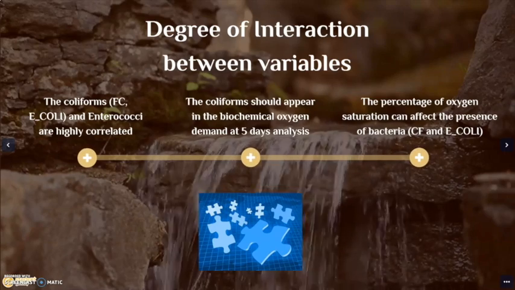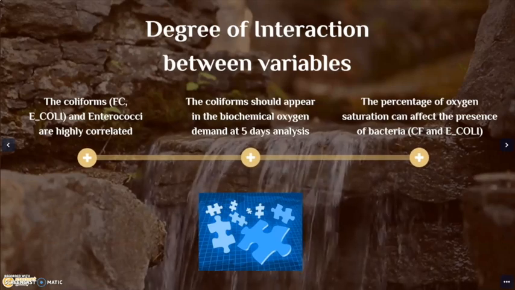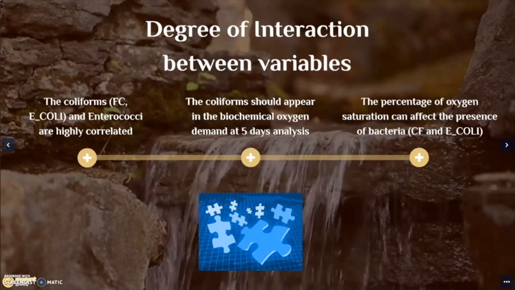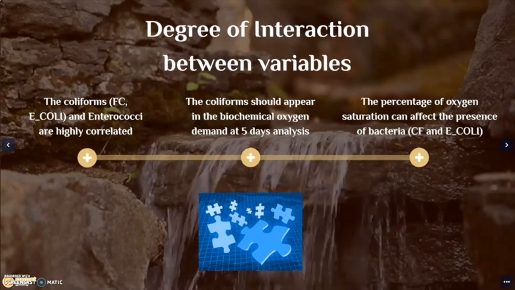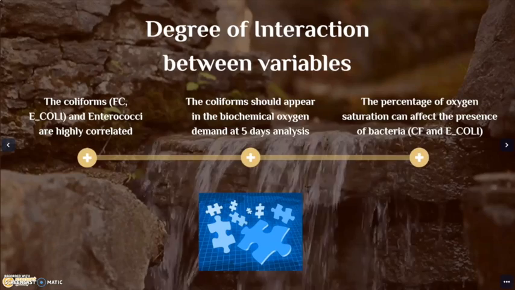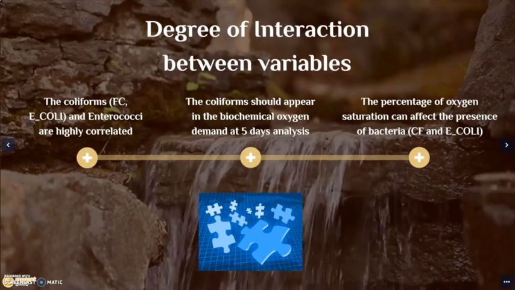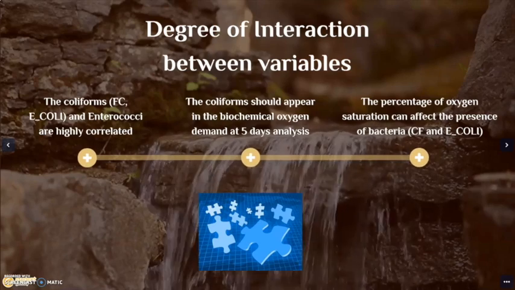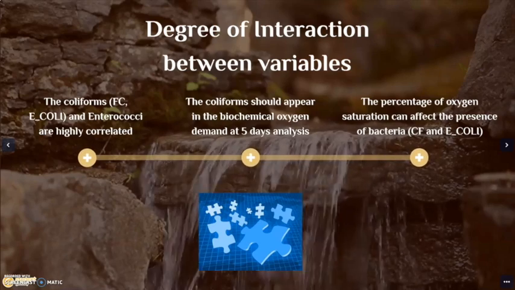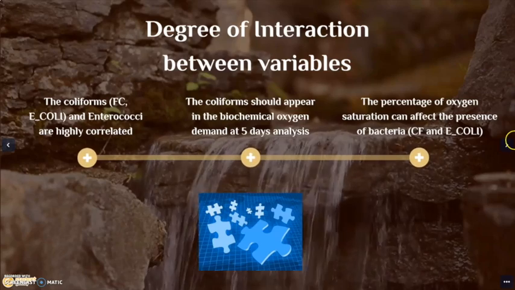Then we have the coliforms that should appear in the biochemical oxygen demand at 5 days analysis, which indicates the overall concentration of organic substances present in water. And finally, we have the percentage of oxygen saturation that can affect the presence of bacteria, because even though these are facultative anaerobic bacteria, meaning they don't require oxygen, they grow better in the presence of oxygen.